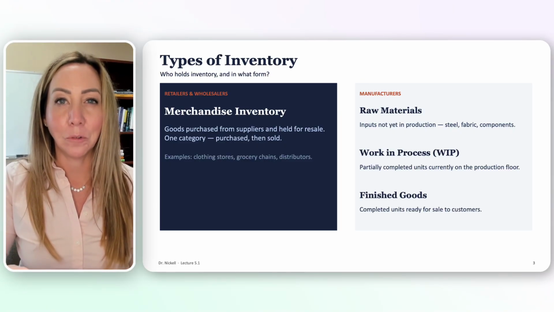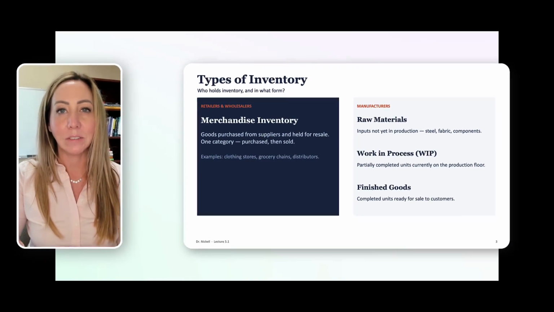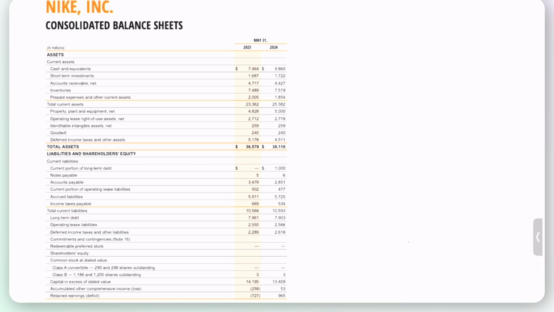And even in retail, knowing which goods belong in inventory is the foundation of everything else. A company like Nike is actually a merchandising company, so they only need one account for their inventories. And here is their inventory balance on the balance sheet, located right below cash and accounts receivable. And because they only need one inventory account, if we put that in a T account, it would look like this: inventory, one overall T account.